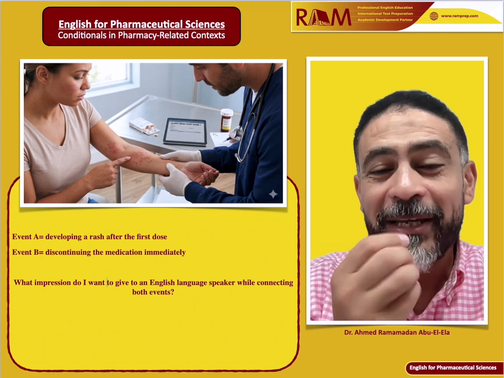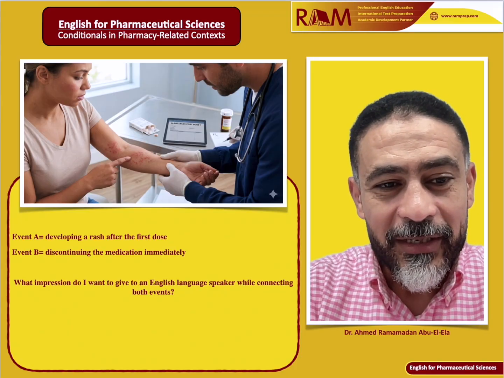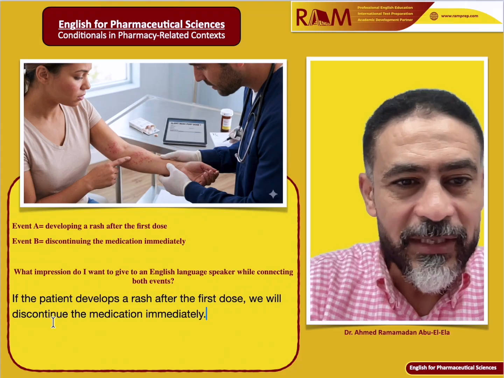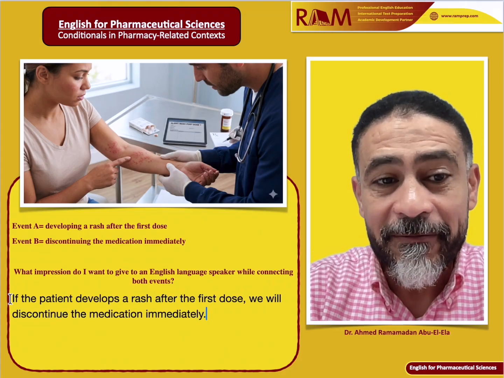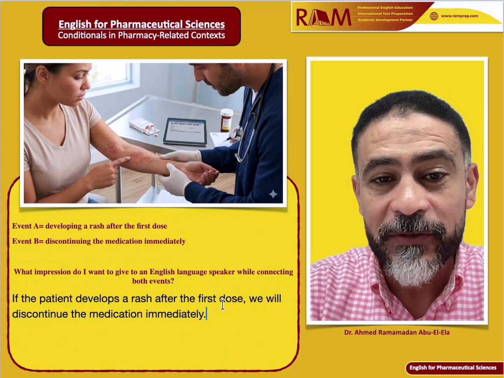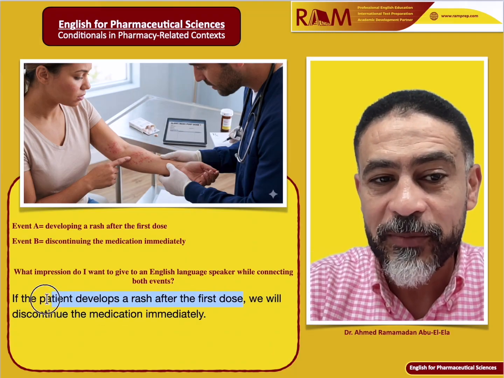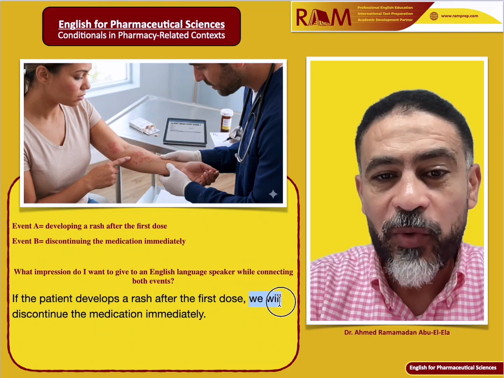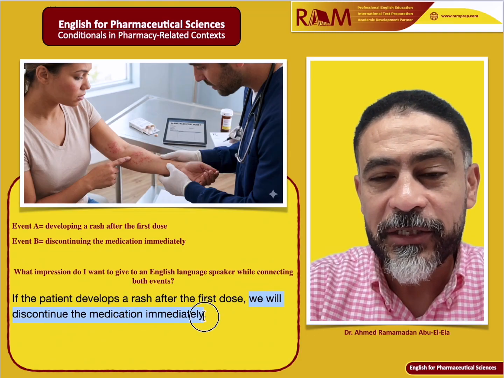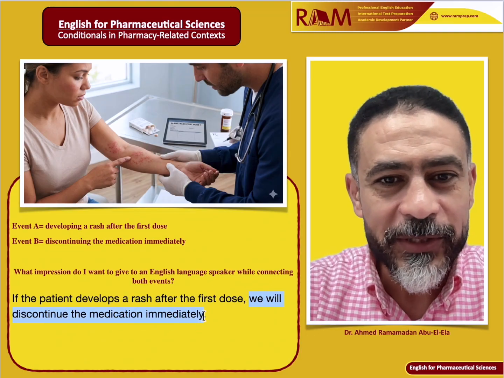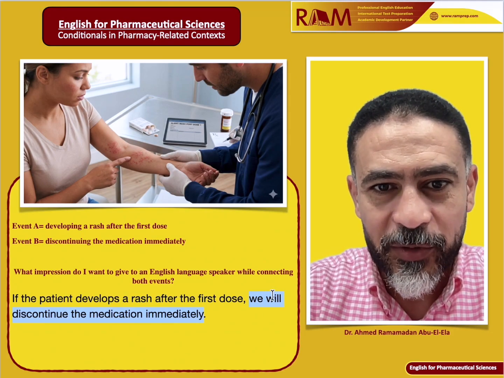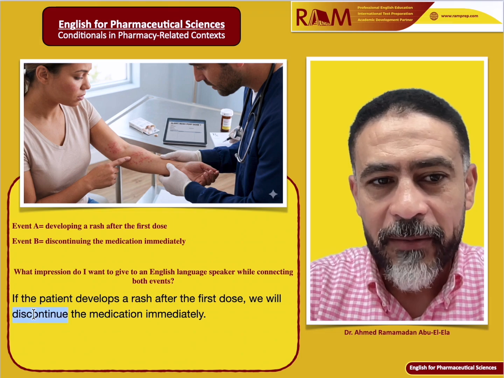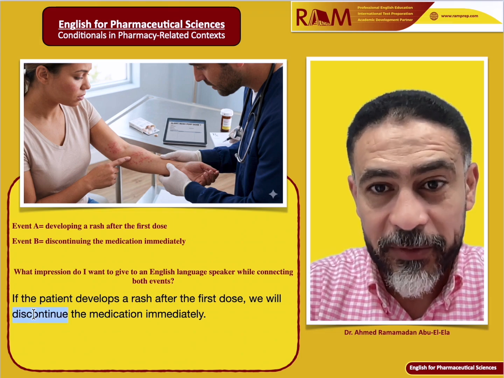In this sense, I can write my sentence and say, if a patient develops a rash after the first dose, and I use present simple tense, comma, we will discontinue the medication immediately, and I use future simple tense. As you know, it is all about using will plus the base form of the verb, okay?